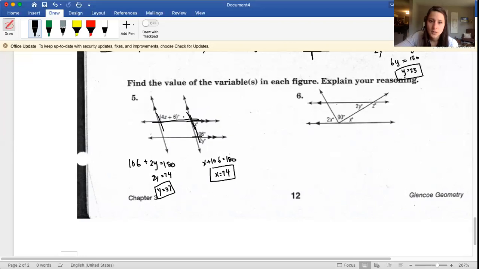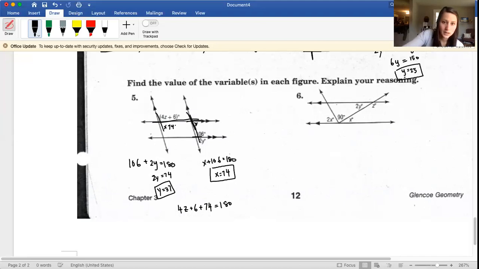So 4z plus 6 should be, let's see, supplementary also to x, because I know if this is x, then this would be x, and so if this is 74, this would be 74. So 74 and 4z plus 6, add them together, and that should equal 180.